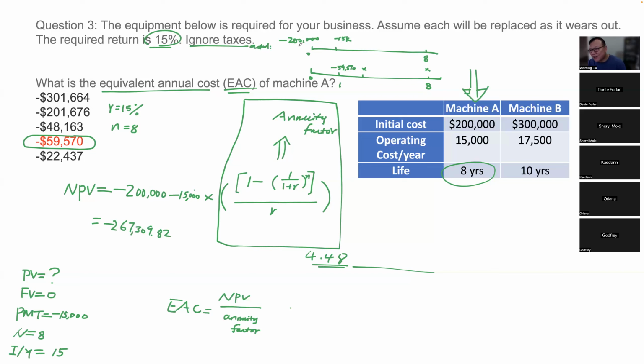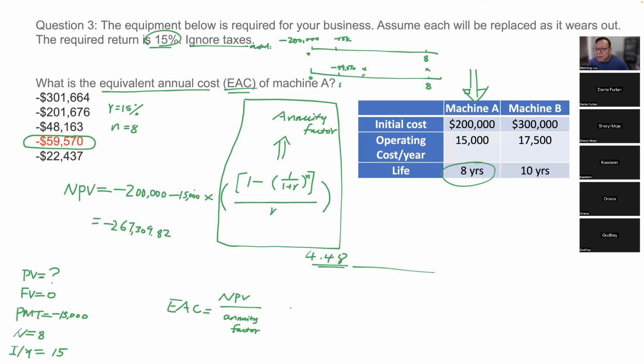You are leasing it, for example. So then every year for the 8 years, you're going to pay a little bit more money, right? And we figured out to have the same cost, which is the net present value. The annuity amount, the payment is negative 59,570, right? Does this make sense?